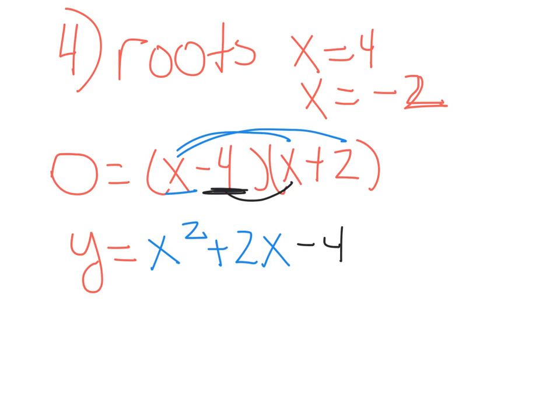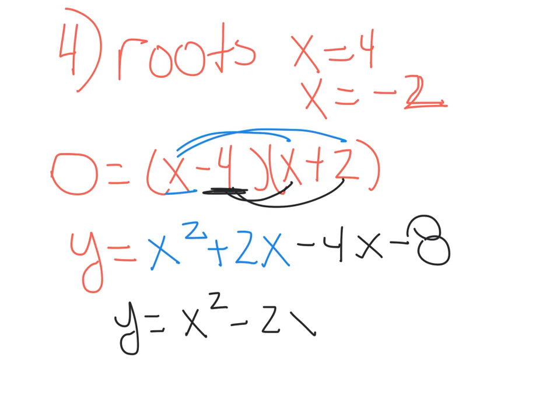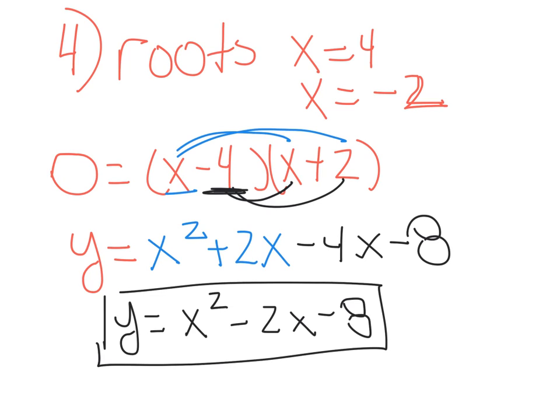So minus 4x and minus 8. Okay, now I'm just going to put everything together or combine like terms, and I get y equals x squared minus 2x minus 8. There's my equation, and it all came from just being given the factors, or the roots, I should say.